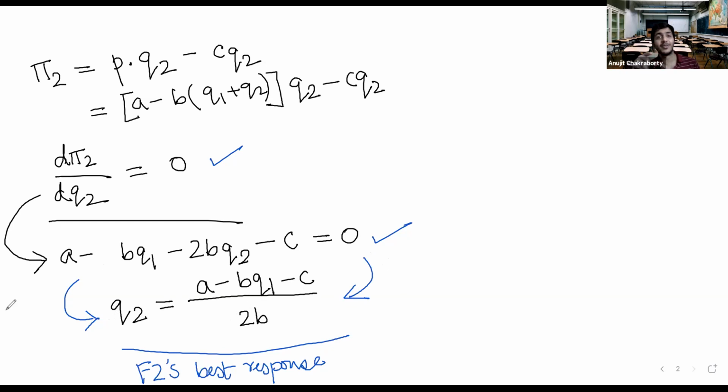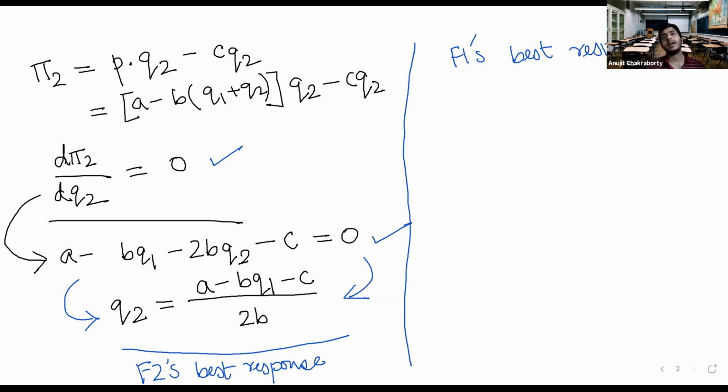Okay, so let's assume that you did that. Now, what do we have? What we have is firm 1's best response and firm 2's best response. We got firm 1's best response, and that gave us Q1 equal to (A minus BQ2 minus C) over twice B. This is coming from the last page, or you can think of it as the last slide.